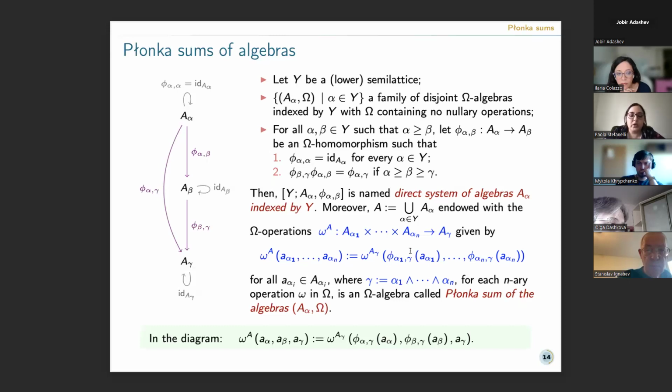So if we want to define a new ternary operation on A, we project A alpha into A gamma, because gamma is the minimum between alpha, beta, gamma. And we project also A beta into A gamma. A gamma is fixed by phi gamma gamma, that is the identity. And then we compute this product by using the ternary operation on A gamma. This is just to give an idea, to be more clear if we want to use this definition more concretely.